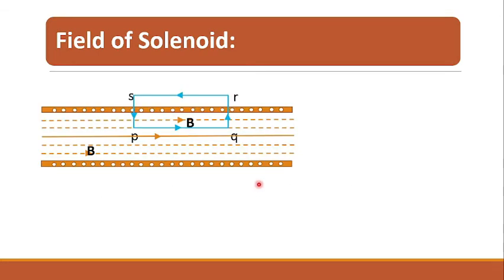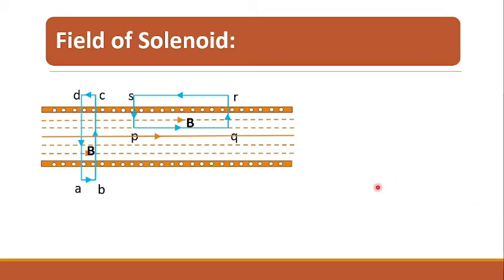Consider another Amperian loop ABCD as shown in the figure, right? For this loop, the paths AB and CD are outside the solenoid, and hence the integral along these paths is 0. The other two paths BC and DA are perpendicular to B vector, and hence the integral is 0 for these paths also, and hence for the loop ABCD which is outside the solenoid, the closed integral is equal to 0, right?